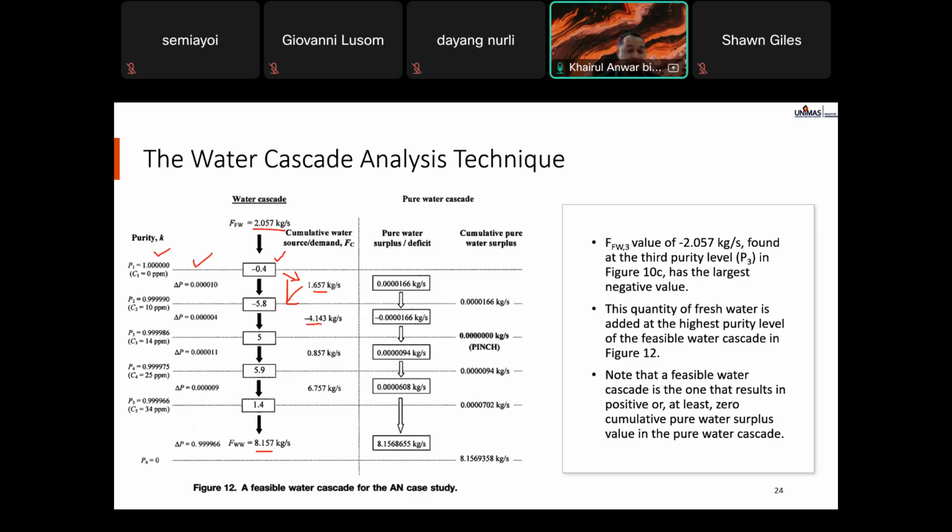Negative 4.143 plus 5, until you get the FSW. So you see the value for the fresh water is increasing when we increase the fresh water for the filter.